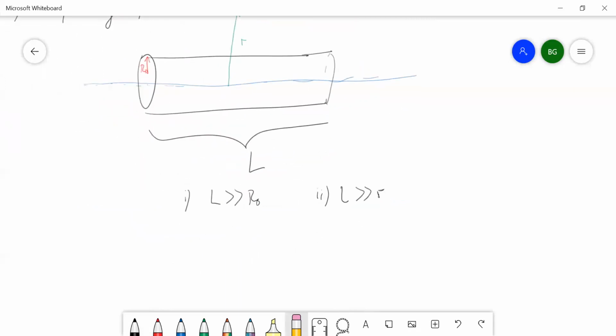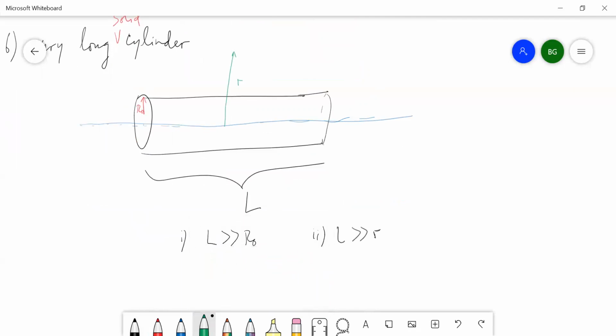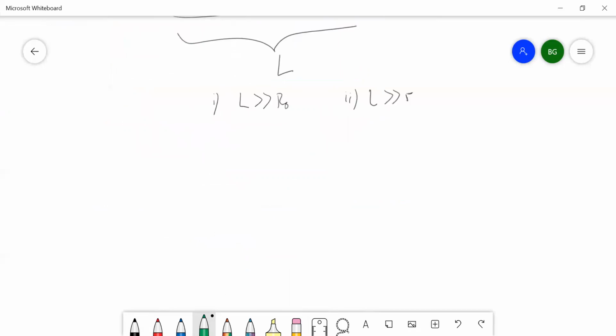So we have two regions, inside and outside. We can take the cross section of this cylinder. We can consider it like this.